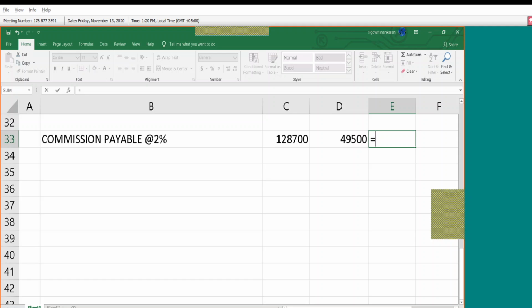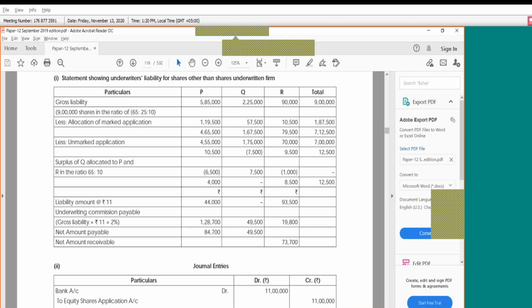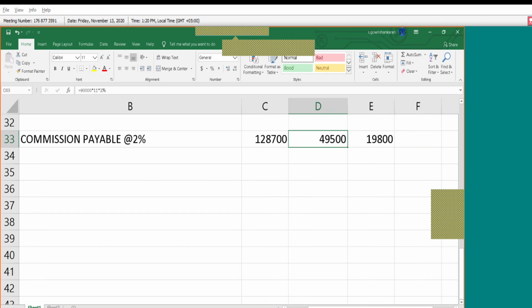Then the third one, 90,000 into 11 into 2% is 19,800. This is commission payable.